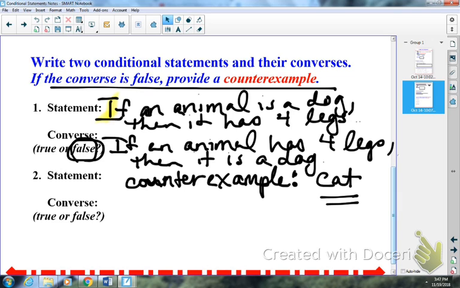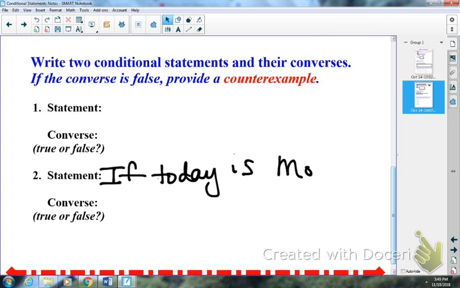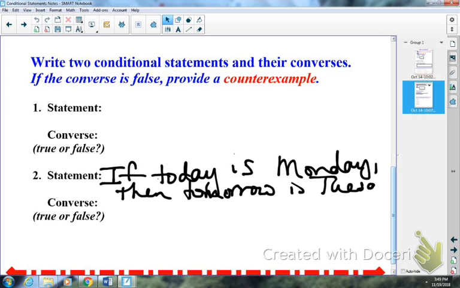Okay, but again, not all statements are false. If we go back to the one I said originally, if today is Monday, then tomorrow is Tuesday. That's a conditional statement. If I look at the converse, I'm going to interchange them.